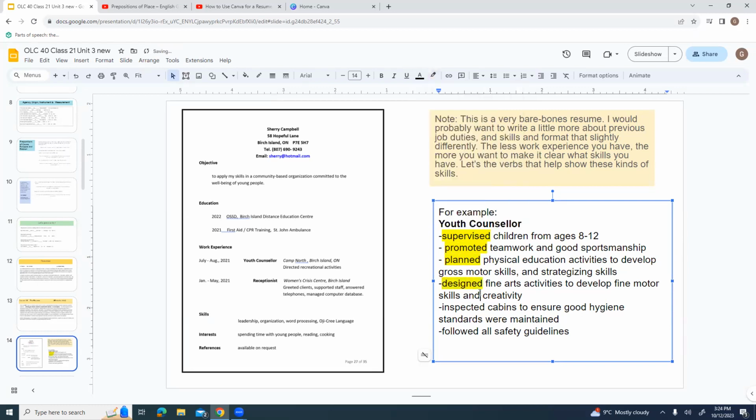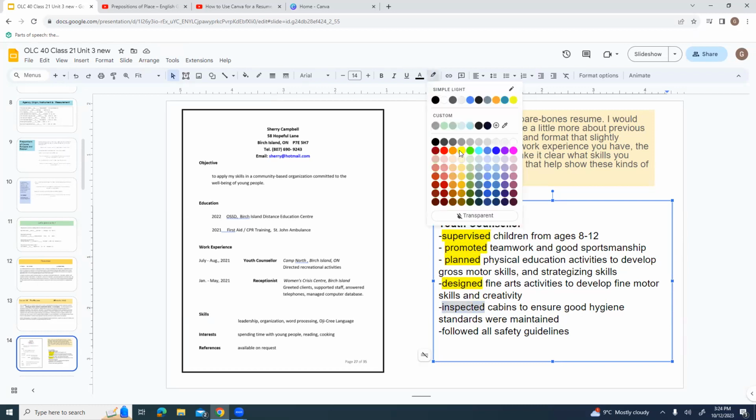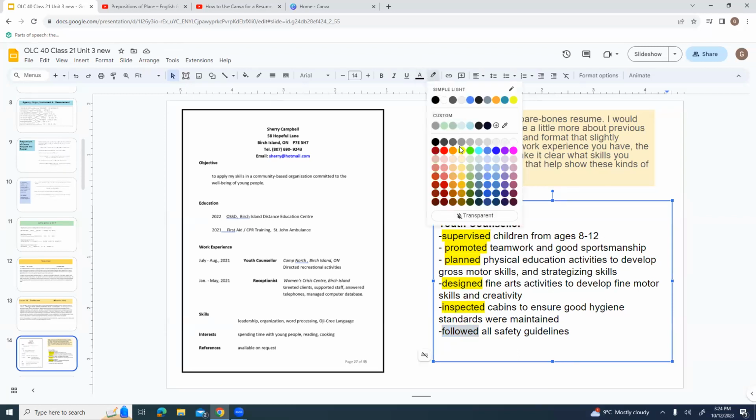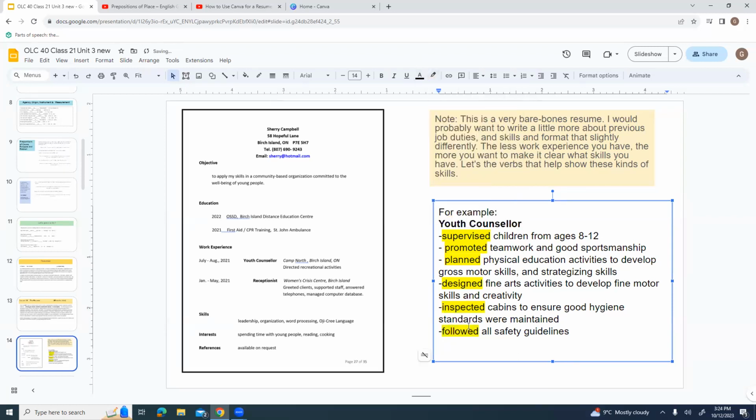I deliberately changed it to a different verb to make it look different, which, I mean, designing an arts activity is different than planning a physical education thing, but I'm emphasizing some different verbs. You don't want to get crazy, but most of us have done more than one thing at a job.